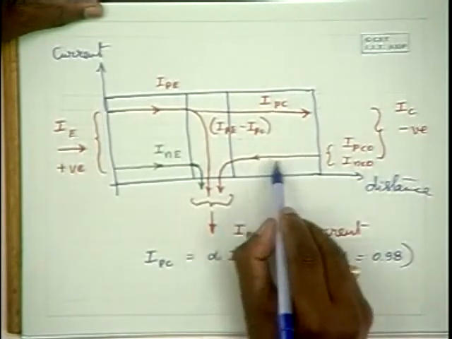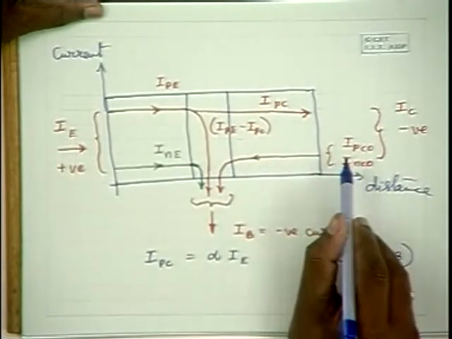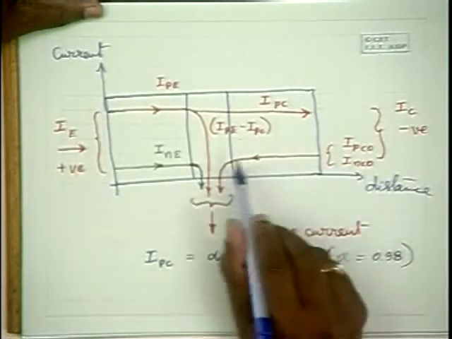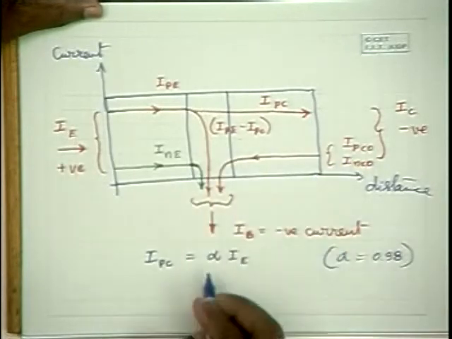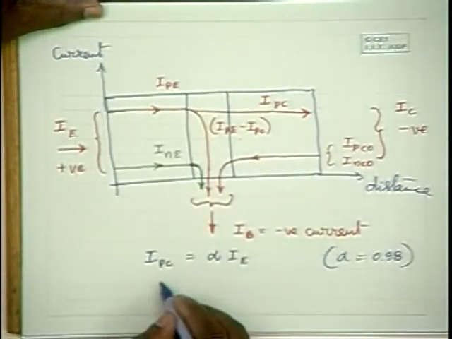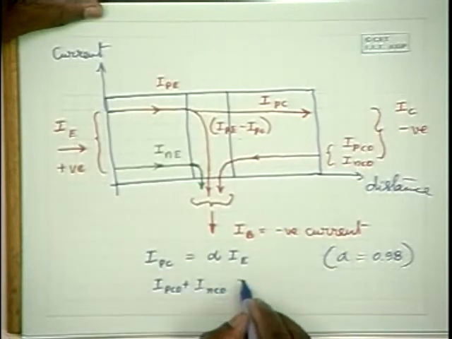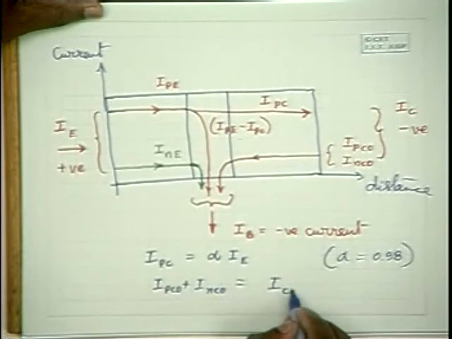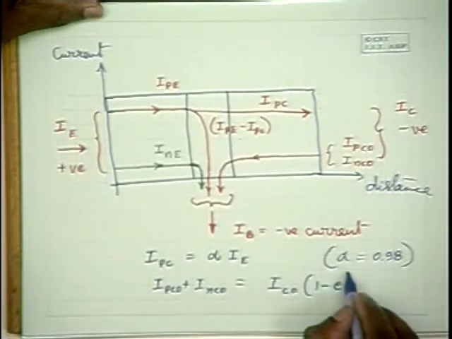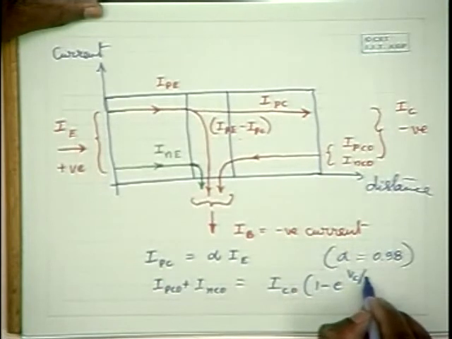And apart from IPC, you have this current here, which is due to the reverse biased p-n junction. That current can be expressed as IC naught into 1 minus e to the power of Vc by eta Vt.